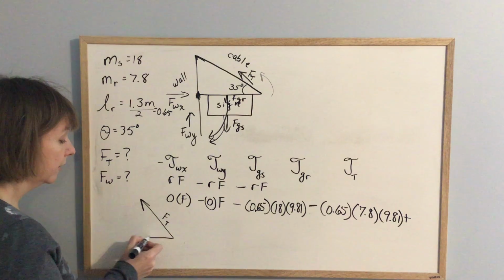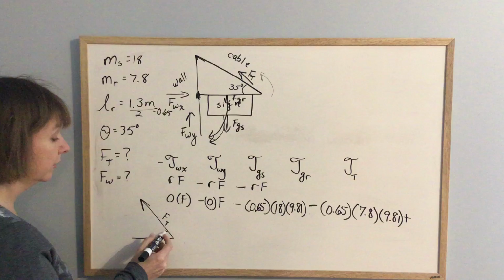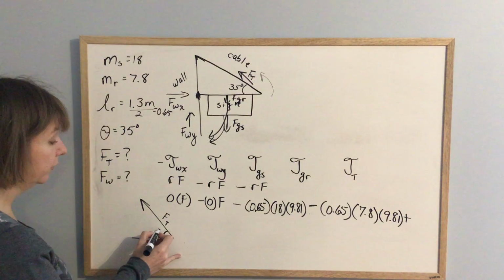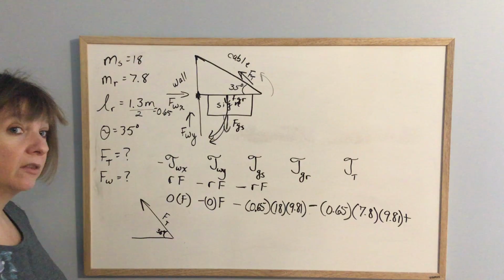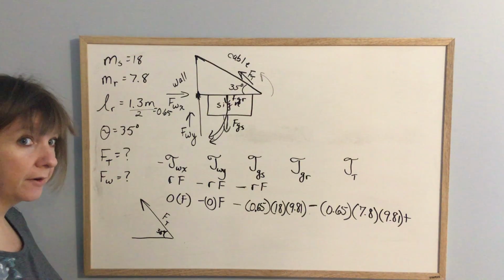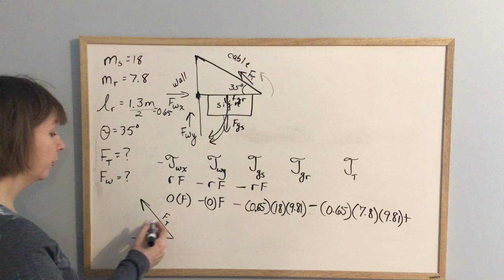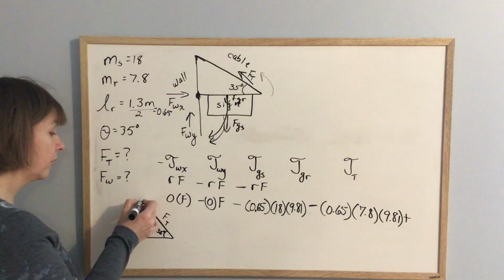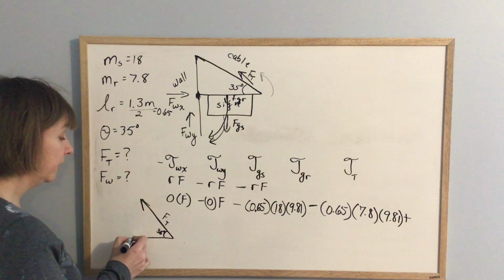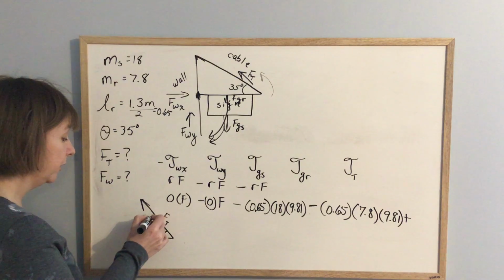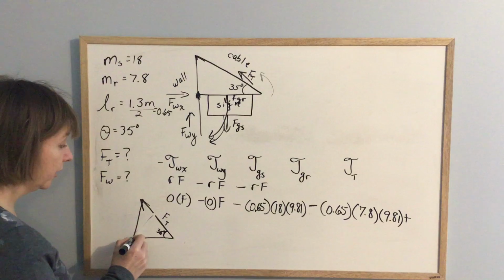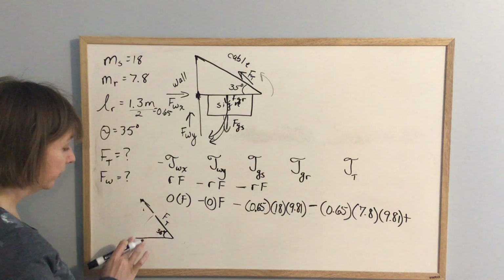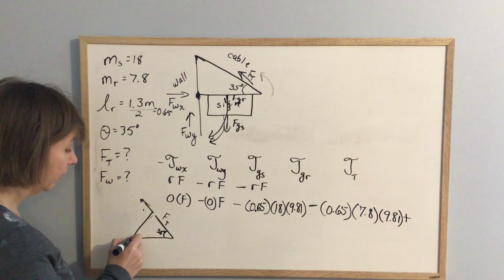I know that this angle is 35 degrees, but we said that the R always has to be perpendicular to the force. So if the force is going this way, perpendicular to that would be the R. I can't draw this very well, so it's probably better if I do this.